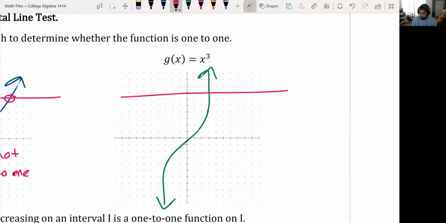And if I draw a horizontal line through it anywhere, we see that we only intersect the line once, meaning that x cubed is a one-to-one function.